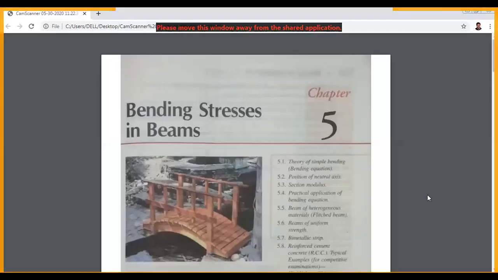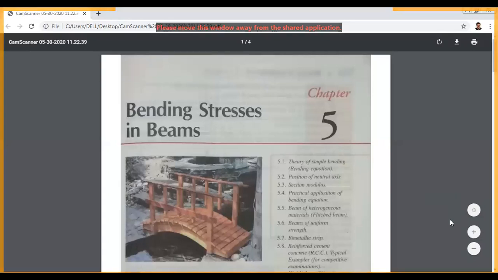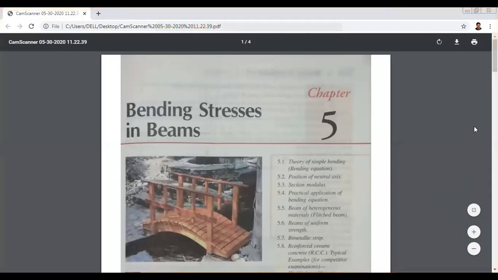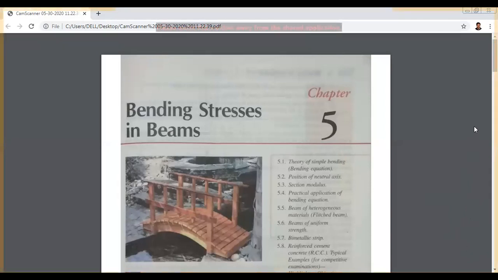Bending stresses in beams: we have earlier discussed how bending stresses are developed, and at the same time we have derived bending stresses, and the bending moment and shear force diagrams also we have discussed.